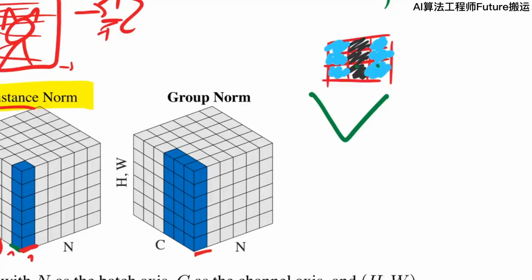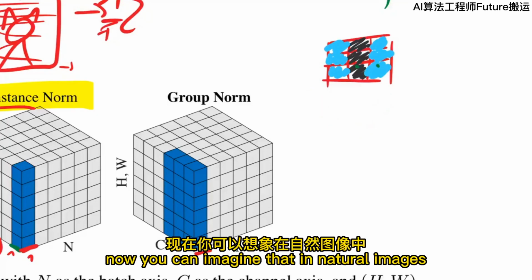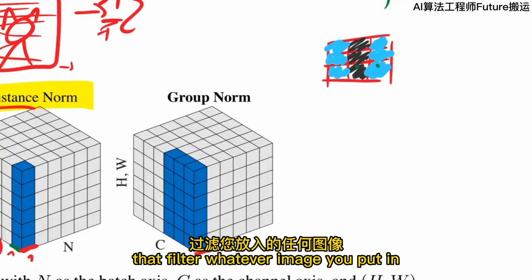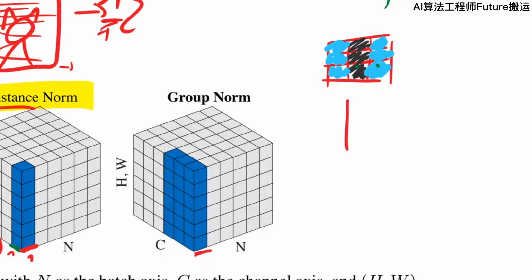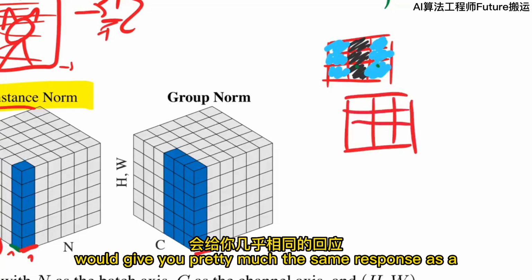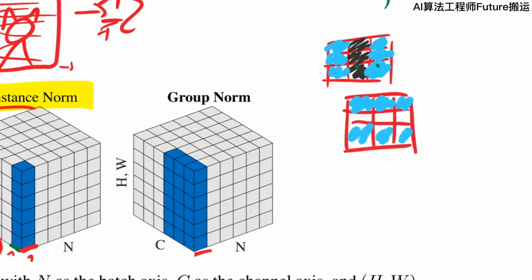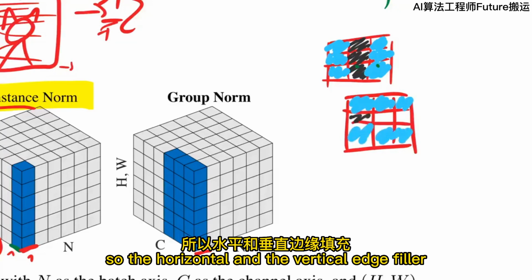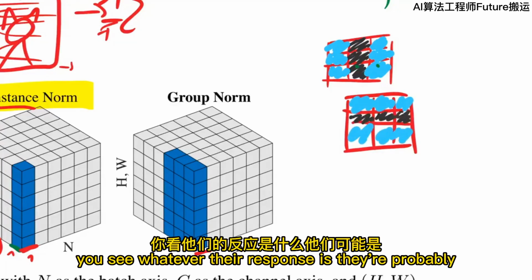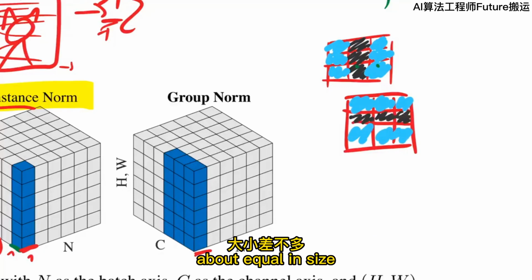Now you can imagine that in natural images, that filter, whatever image you put in, and however you normalize, would give you pretty much the same response as a vertical edge filter. So the horizontal and the vertical edge filter, whatever their response is, they're probably about equal in size.